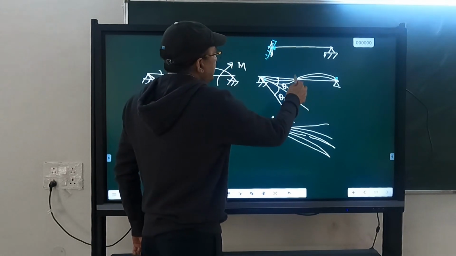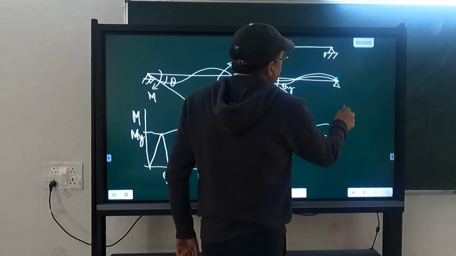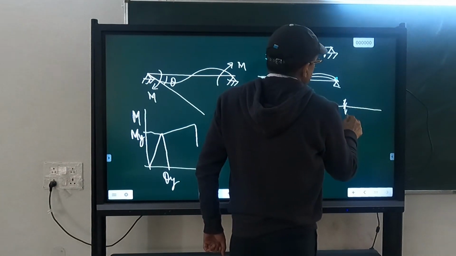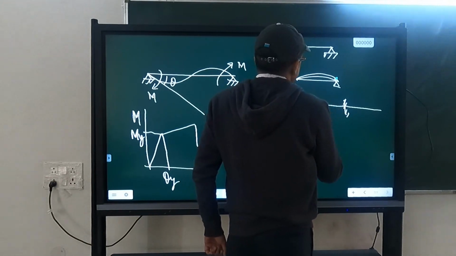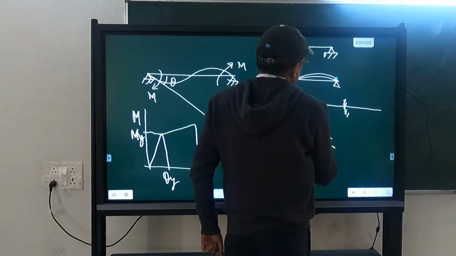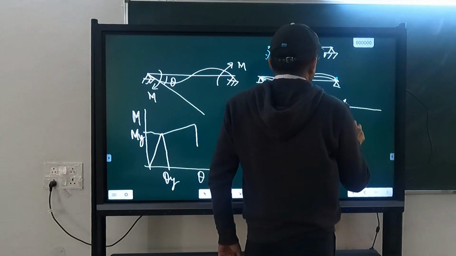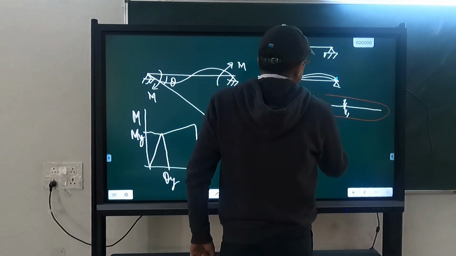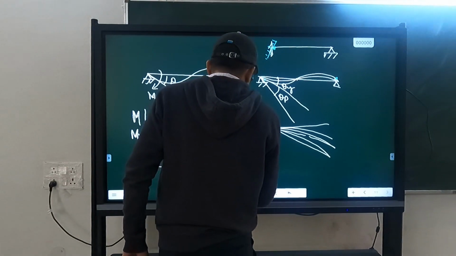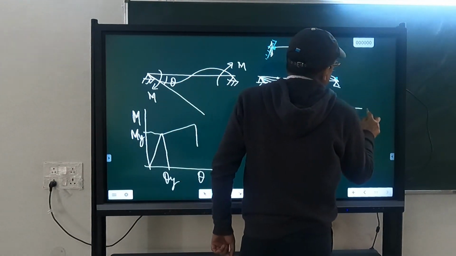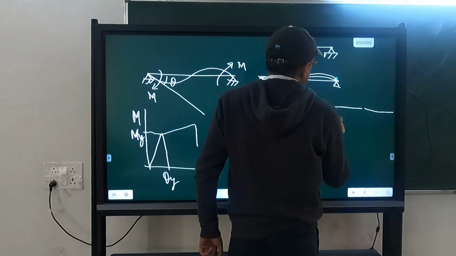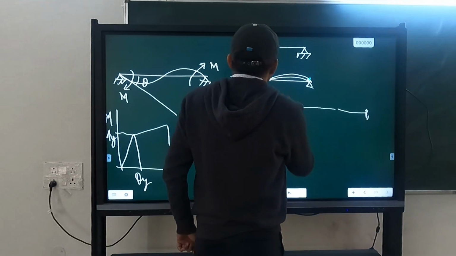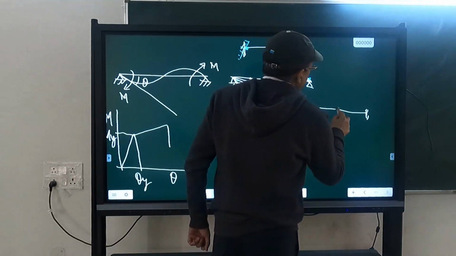Because till it is deforming, you can consider this as consisting of two cantilevers. One cantilever on this side, another cantilever on this side. Because here is the point of contraflexion, these are joined here.